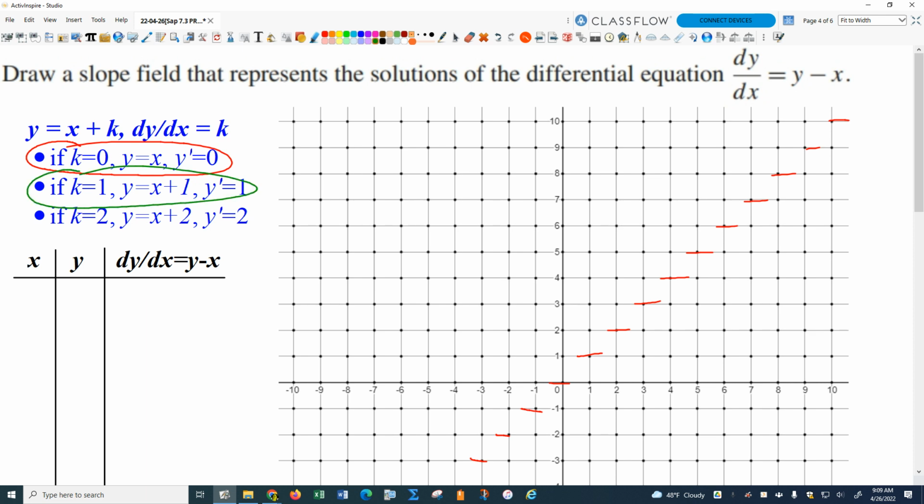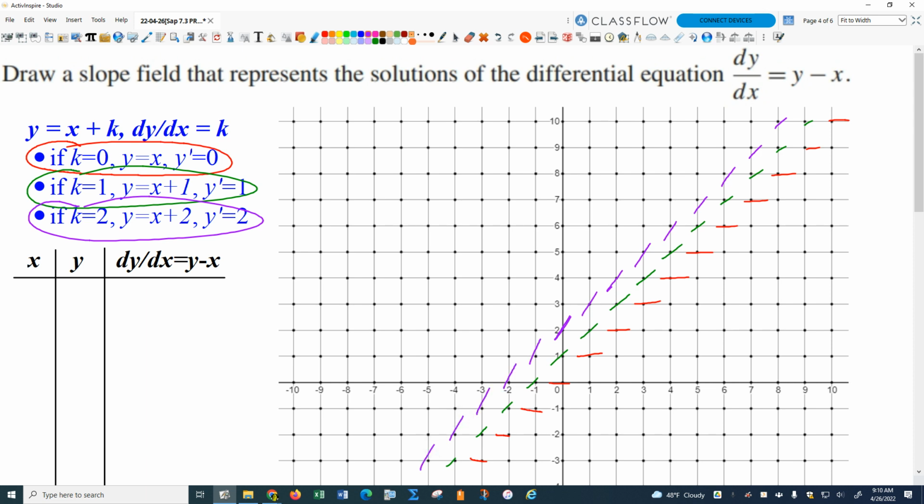So every place along this line we're getting slopes of 1, right? If I go up here to 2, that's along the line y equals x plus 2, so these are going to be a little steeper. So that's what we get, right?